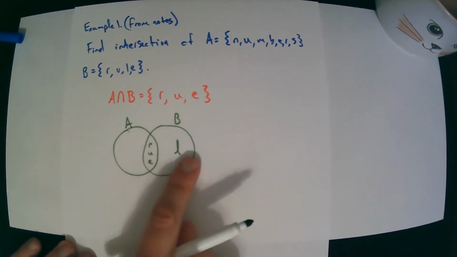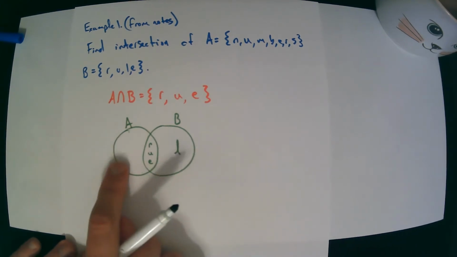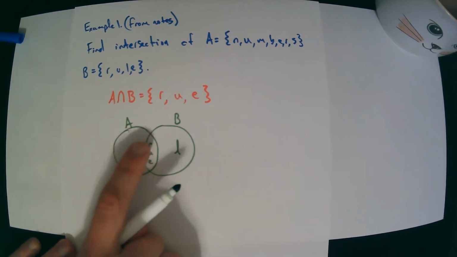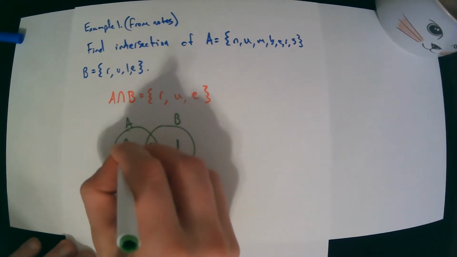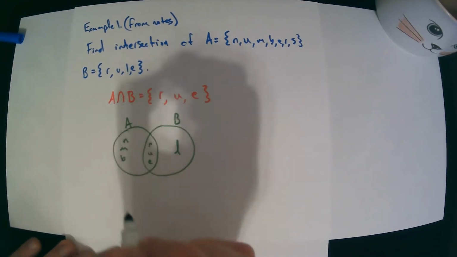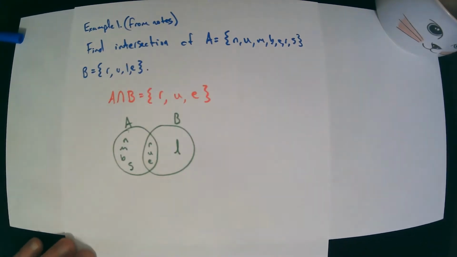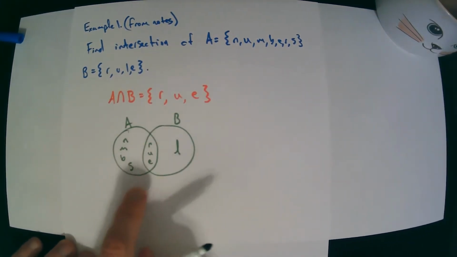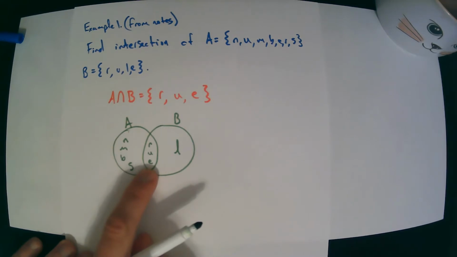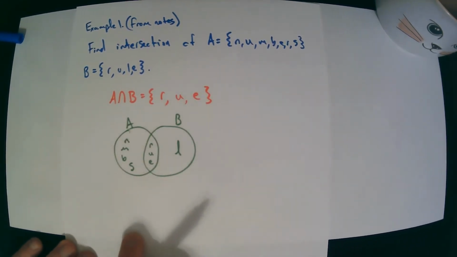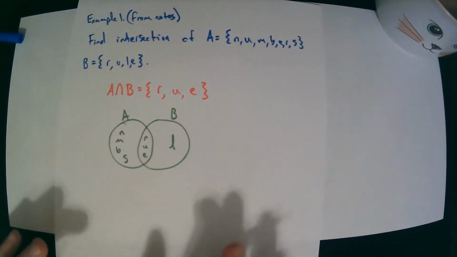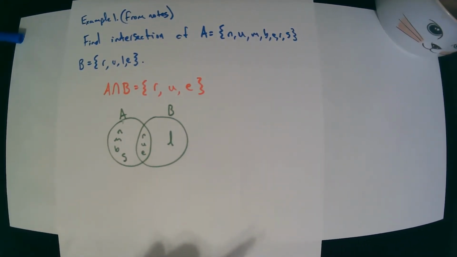So I have all four elements in B. Likewise over here in A, I'm not going to repeat R, U, and E. I'm just going to put the N, the M, the B, and the S. Because the R, U, and E are already accounted for here. Okay. So this is what the picture would look like for representing the relationship between these two sets, A and B.